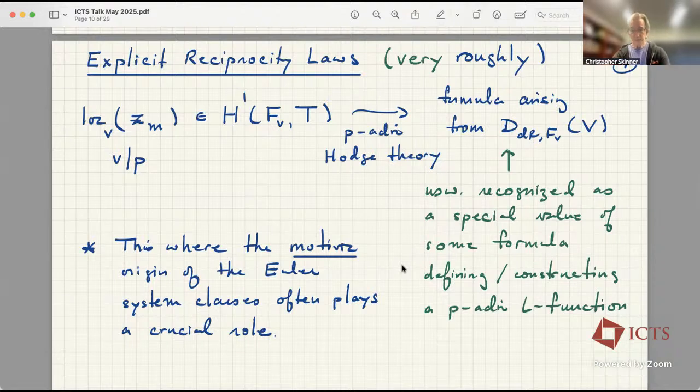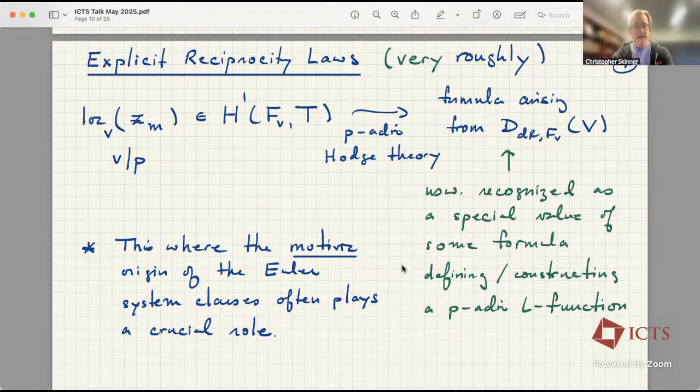And this is also a point at which it's important to know where these classes z that make up the Euler system are coming from, because you can use p-adic Hodge theory to express these classes in terms of this linear algebra data. But what have you actually gained? You've only gained something if you can now connect that data to something else.